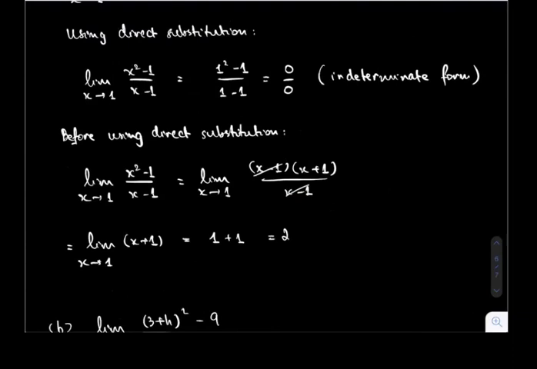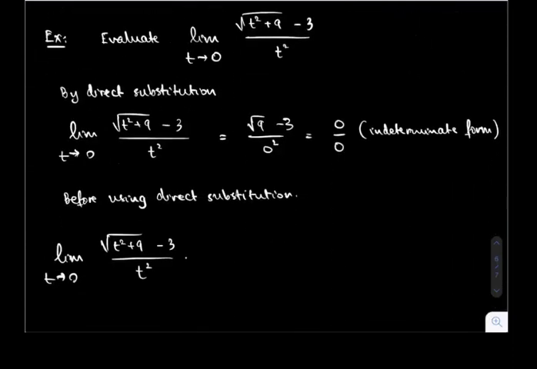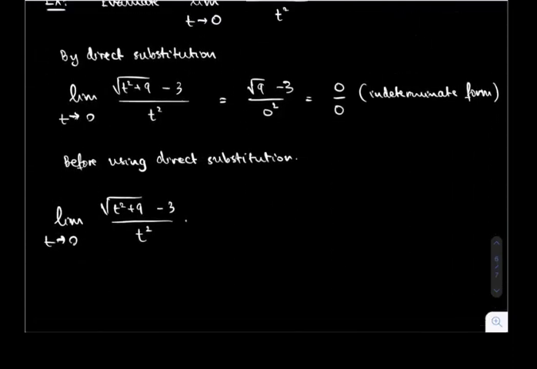With that idea, we move on to our current example, and ask: can we get rid of t squared? There's a 0 in the denominator and you don't want that to happen. To do so, you're going to rationalize the function, because we have a square root.